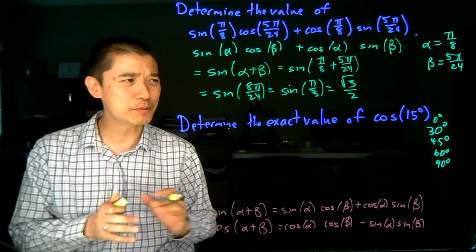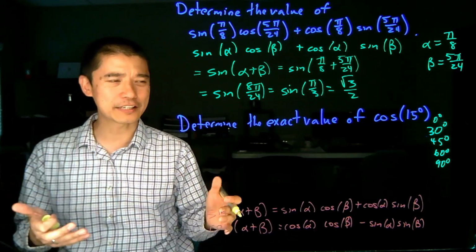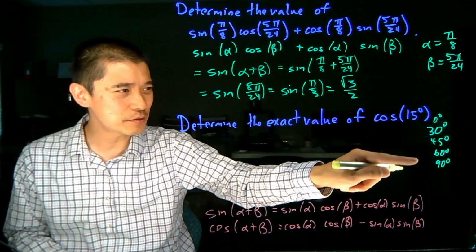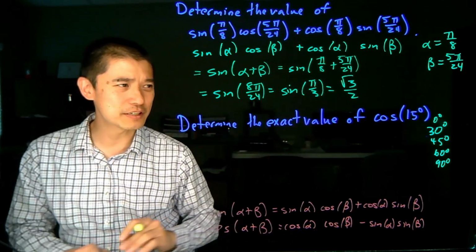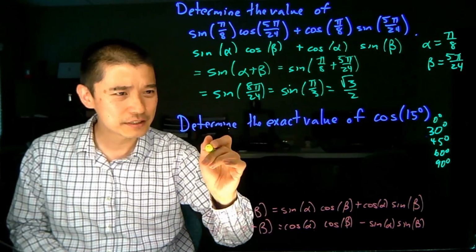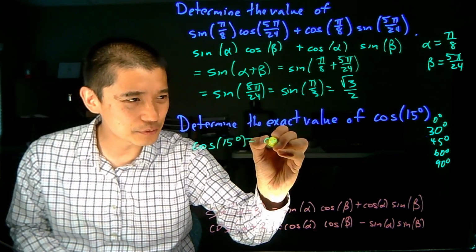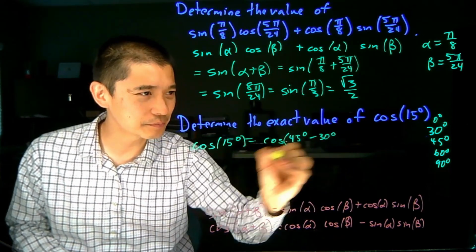And there are multiple choices here. It doesn't matter which one you use, because as long as you do the calculation correctly, it will all come out the same. So you might do 45 minus 30, you might do 60 minus 45. No other combinations in this list of numbers will work, but that's okay. Let's do this as cosine of 15 degrees is equal to cosine of 45 degrees minus 30 degrees.